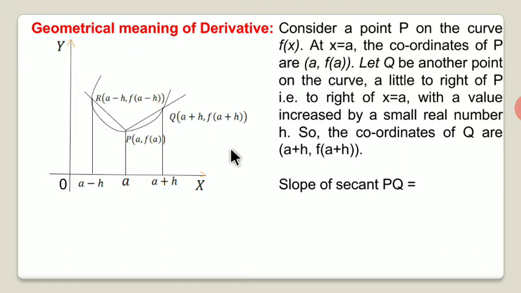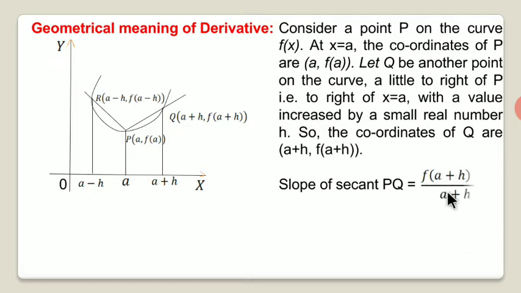That means the difference of their y coordinates divided by difference of x coordinates. And therefore here the slope of secant PQ is the difference of y coordinates divided by difference of x coordinates of point P and Q.